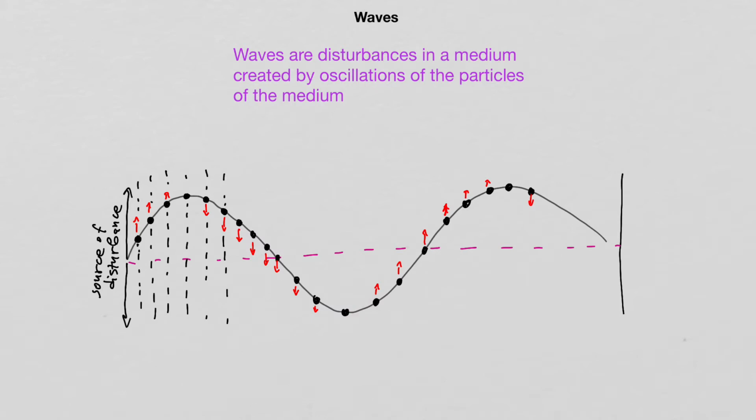And so the particles of the rope simply oscillate up and down, but as a result of that, the disturbance that's generated in the rope is propagating away from the source of disturbance. So here, the direction of propagation is to the right.